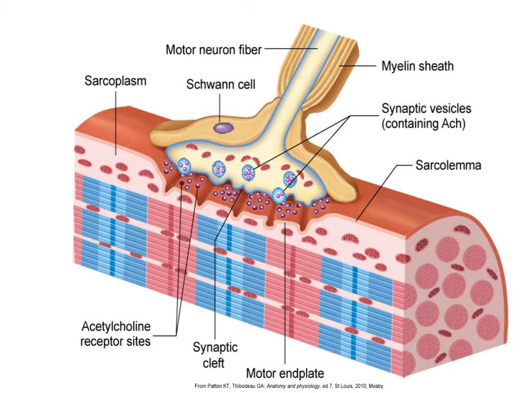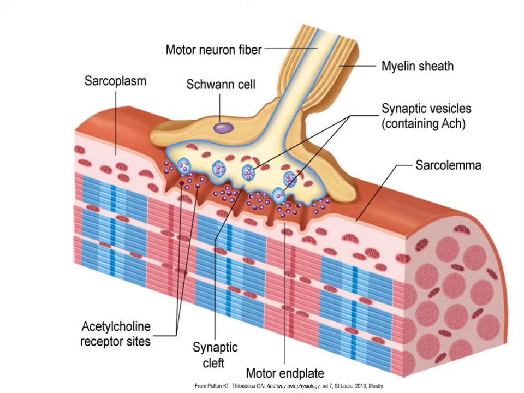Okay, so you have your motor neuron fiber coming down, which is surrounded by a myelin sheath. So myelin is a fatty sheath that insulates the motor neuron and allows very high action potential speeds. Okay, so not only does it protect the motor neuron, but it allows the action potential to go at much higher conduction speeds.